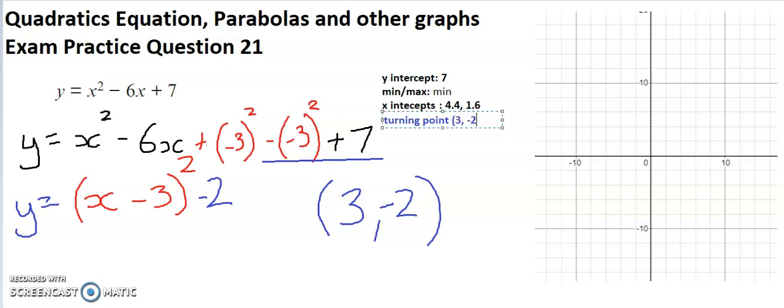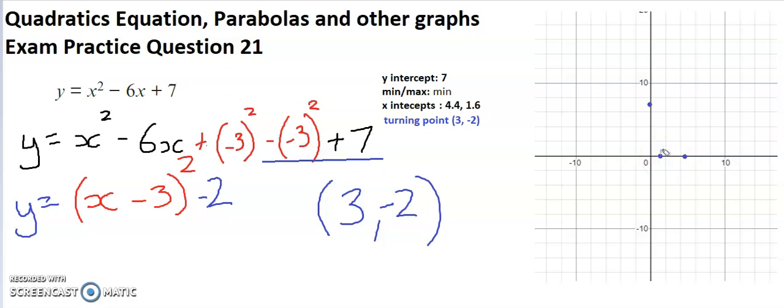3, negative 2. So based on this, I have everything I need to graph. The first thing I think about is my y-intercept, which is 7. I know my x-intercepts are 4.4 and 1.6. So 4.4 will be roughly here, and 1.6 will be roughly here.